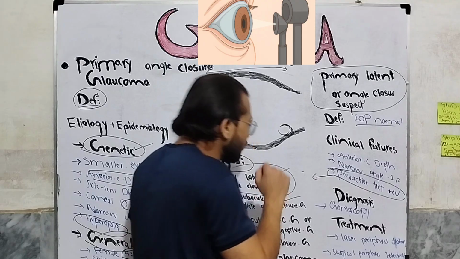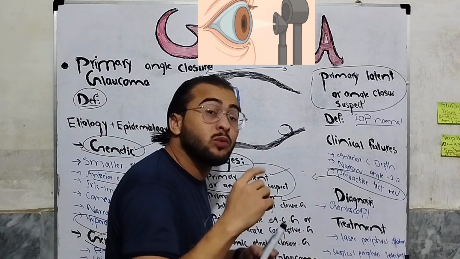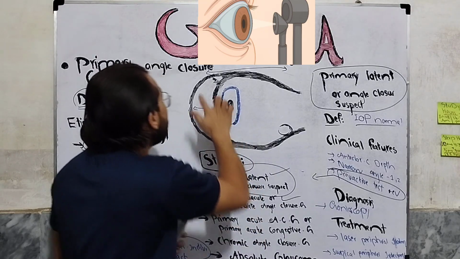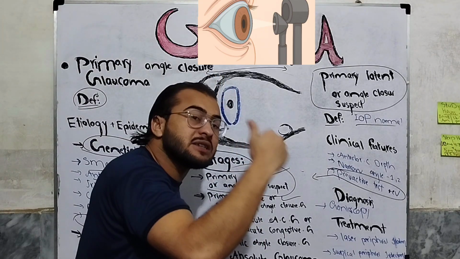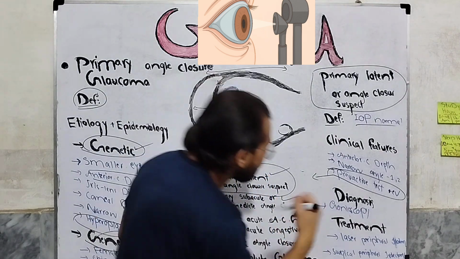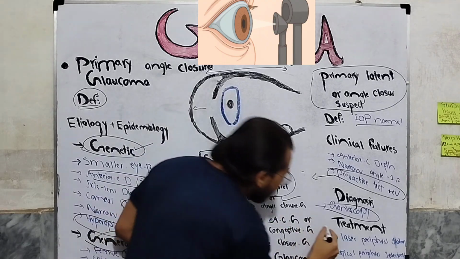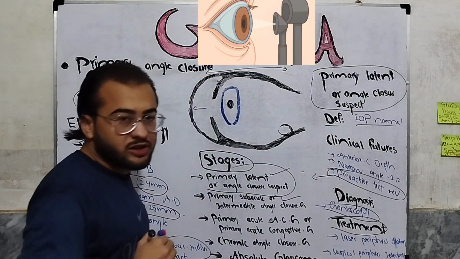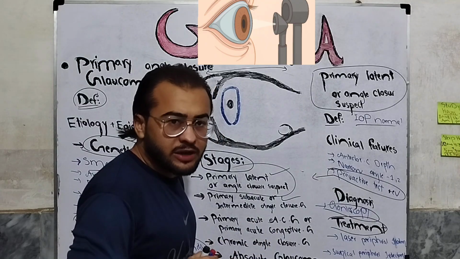First of all, we diagnose these anomalies with the help of gonioscopy. The analysis and evaluation of the anterior chamber angle with a gonio lens is called gonioscopy. Now we will come to the treatment. As the patient is normal, what is the point of treatment?